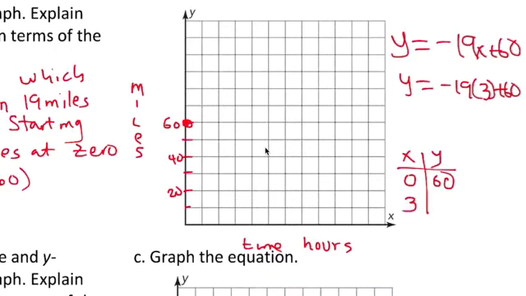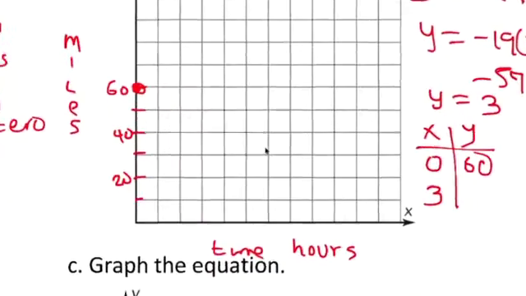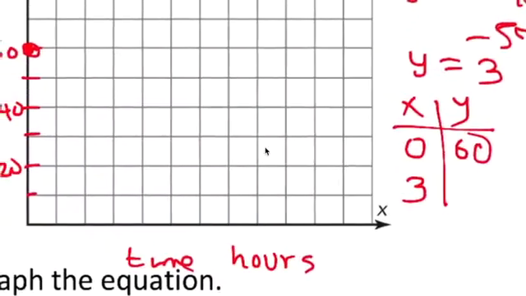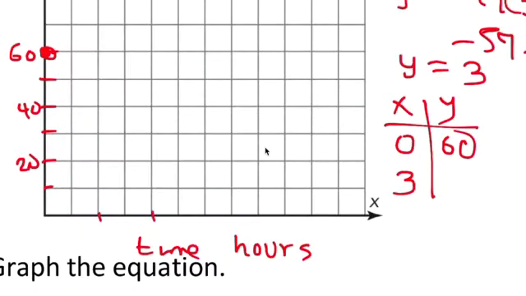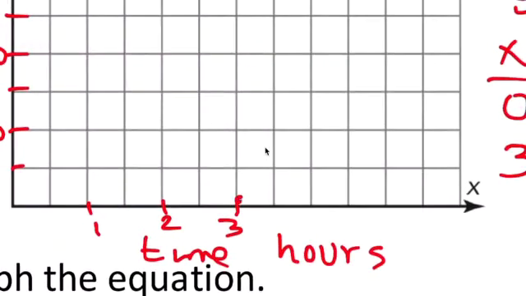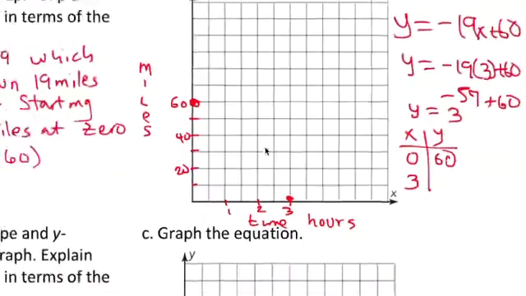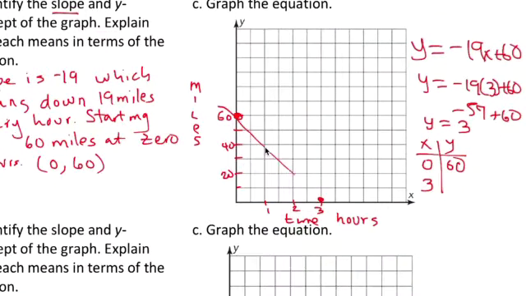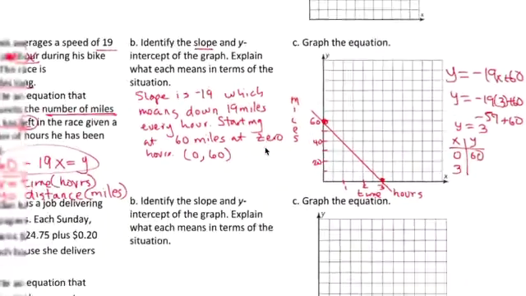And then I'm using 3. I want to find the other one. So that's negative 57 plus 60, so y is 3. We can do 1, 2, 3 hours, and somewhere there we estimate and draw the line. 2 points. That's all I need on the graph, okay, to sketch it.